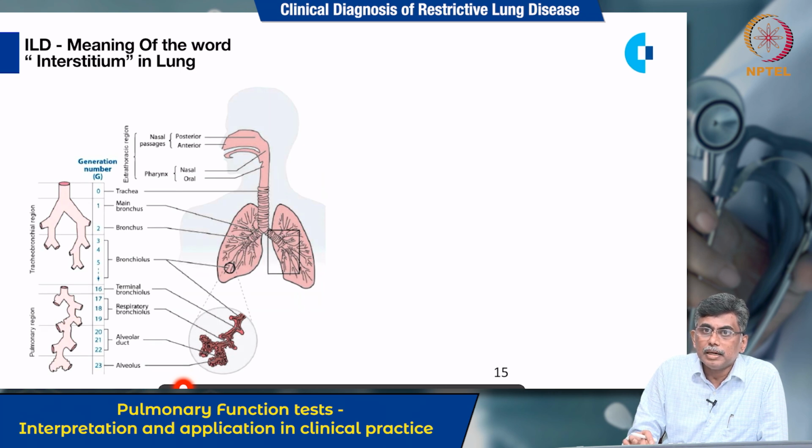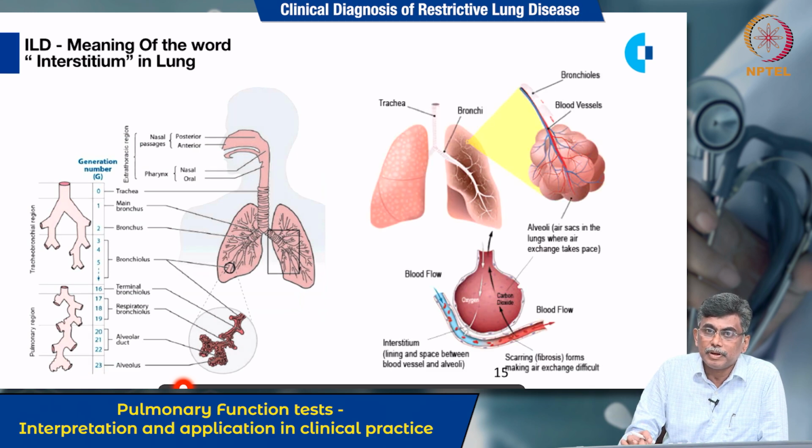Now the lung starts with the airway. The trachea divides into two bronchi, the right and the left bronchus, and each of these divides into primary, secondary, tertiary bronchi, and they again divide like that for 22 generations, and only in the 23rd generation do you get what are called alveoli.